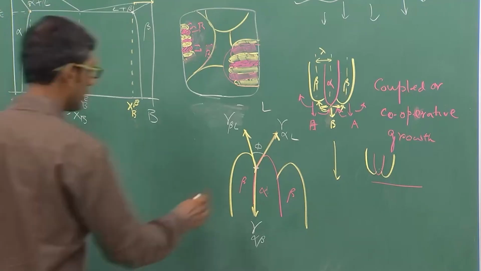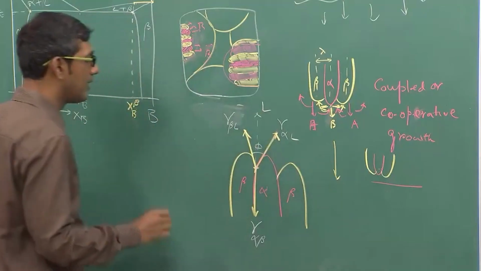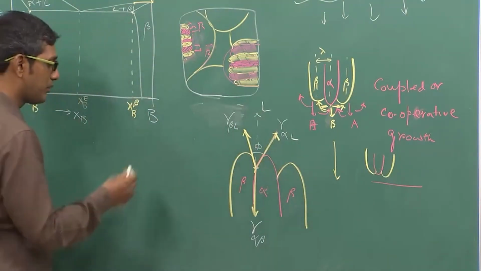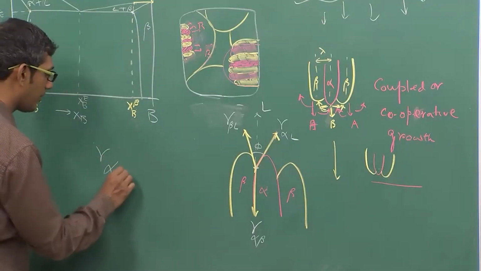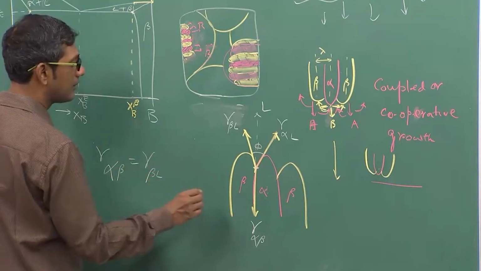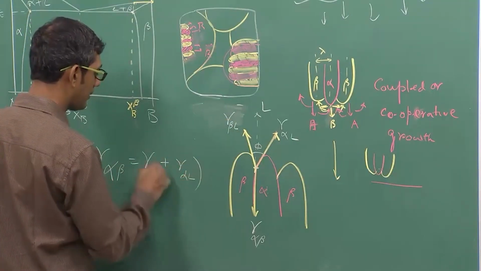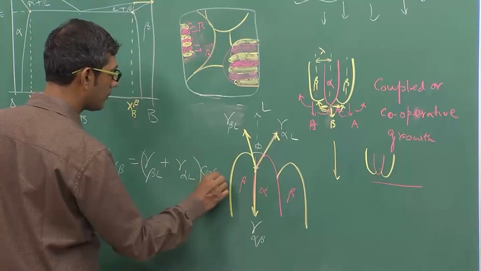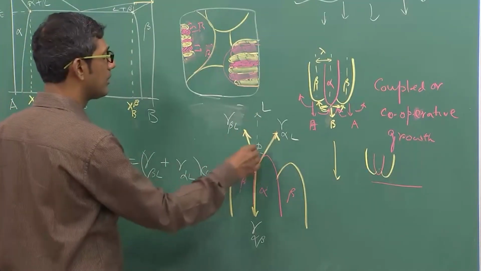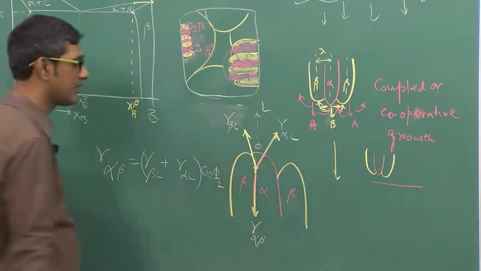It is very simple: if I draw a normal, vertical like this, as you clearly see, the angle will be subdivided into theta by 2, pi by 2. So I can write down gamma alpha beta must be equal to gamma beta L plus gamma alpha L cos pi by 2. The addition of these two terms in the vertical direction must balance this.